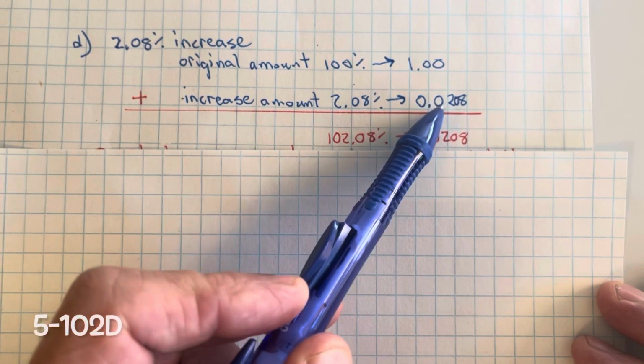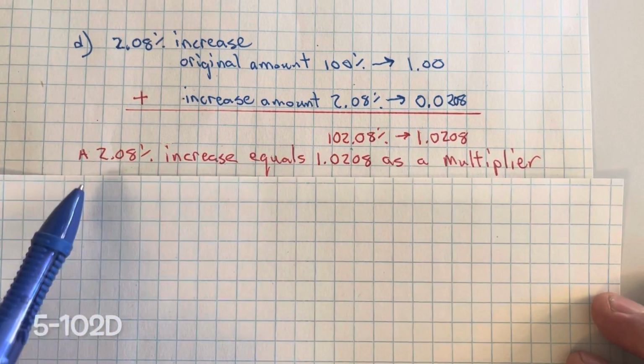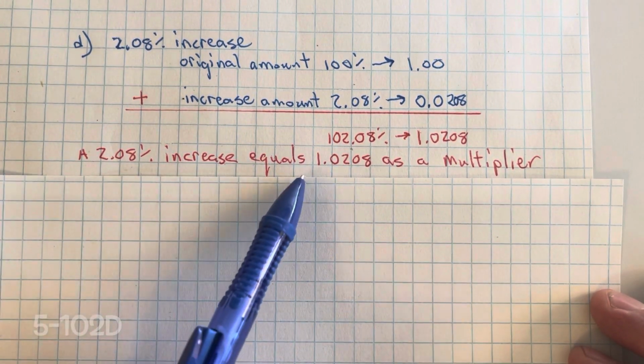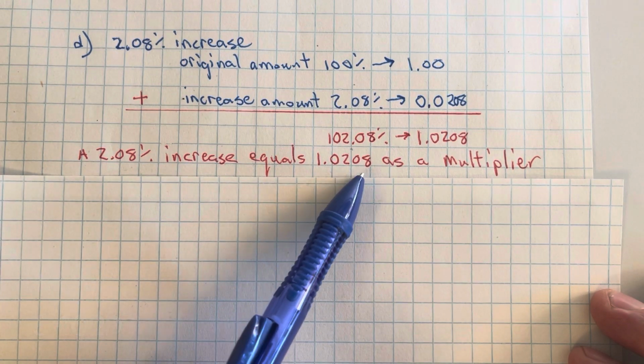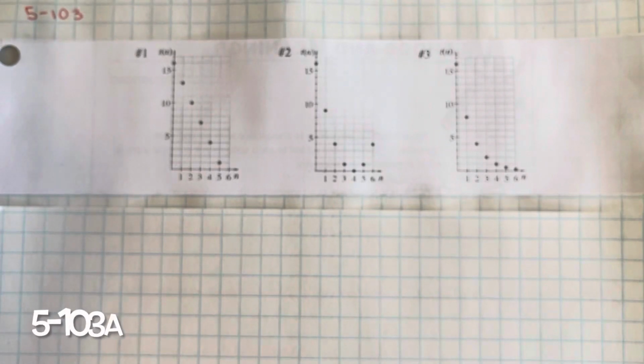Here's the increase. You add those together. So a 2.08% increase equals 1.0208 as a multiplier.